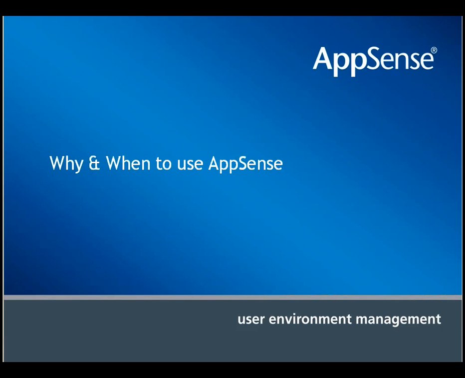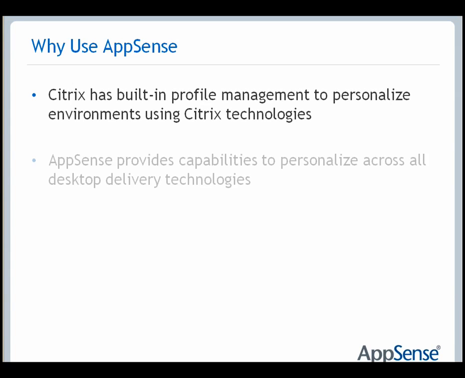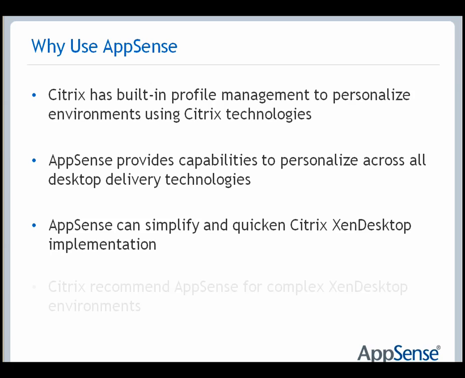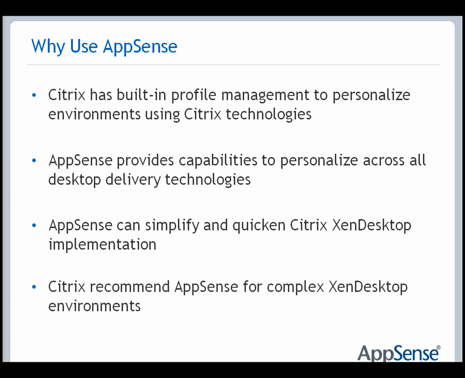As Derek was saying, there is inbuilt profile management technology to help personalize Citrix environments. Now, where AppSense adds value here is enabling Citrix technology to fit seamlessly into any existing desktop delivery infrastructure by enabling personalization settings to roam between desktop and application delivery mechanisms.